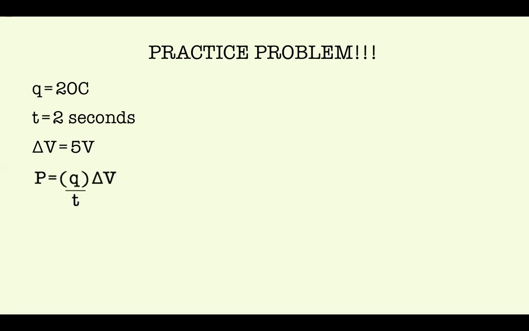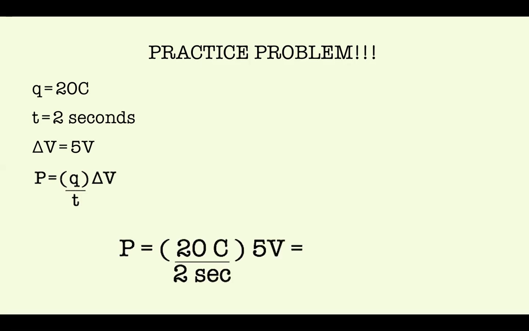Using the equation, power equals charge over time times change in voltage, which also equals current times change in voltage, we can determine that 20 coulombs of charge divided by 2 seconds, or our current, times a change in voltage of 5 volts, would mean that we have 50 watts of power. This is how we can determine how much power is in an electric circuit.